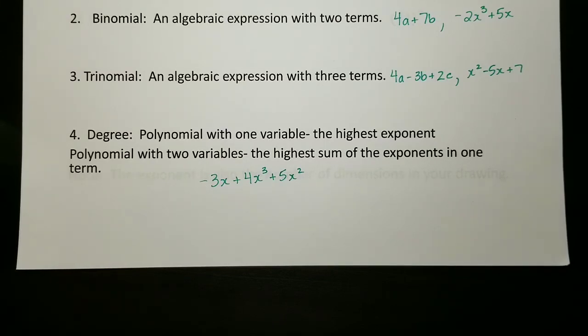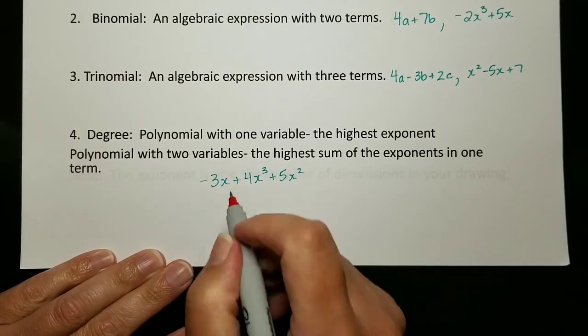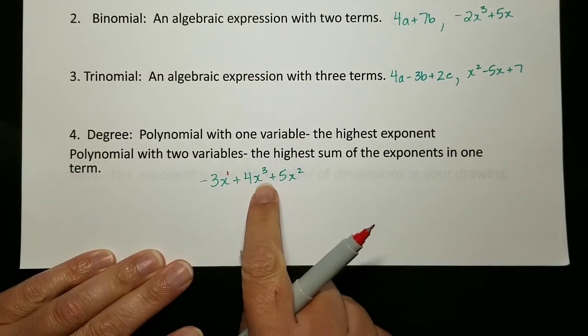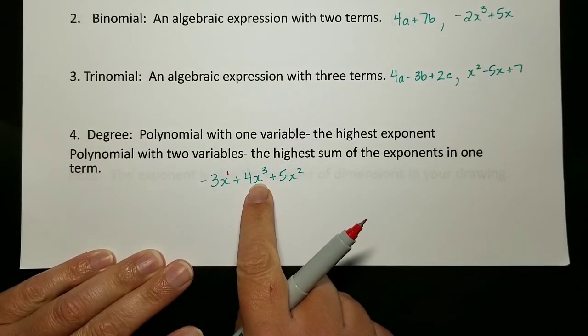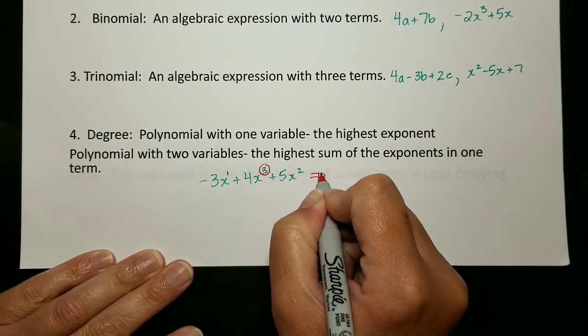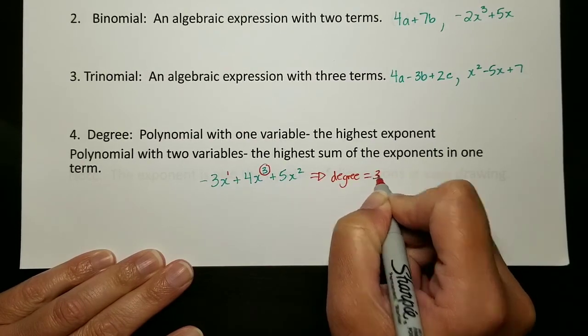So here, this doesn't have an exponent, so that's a default kind of 1, and we'll talk more about that later. So the biggest exponent is 3, so that means that the degree of this is 3.